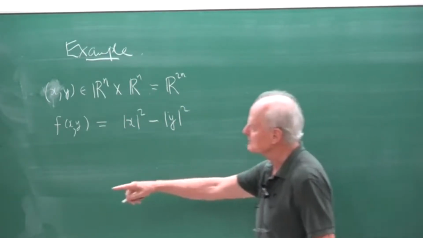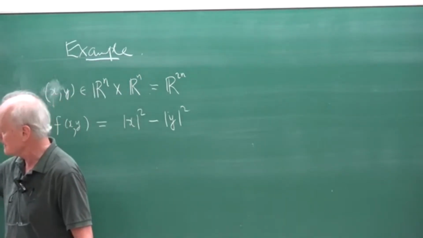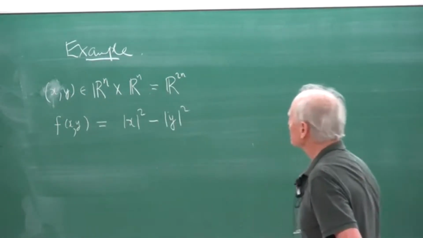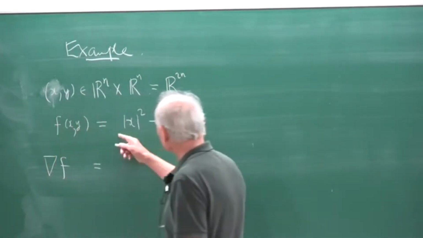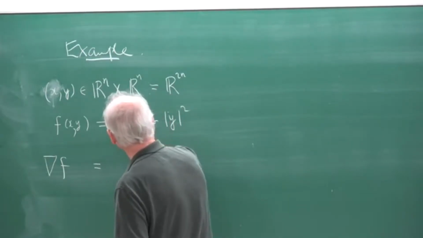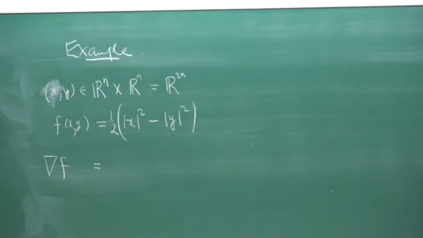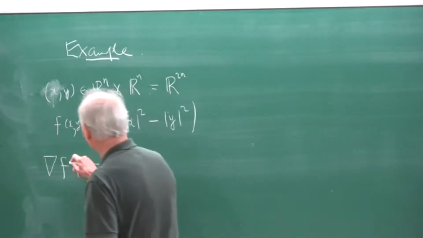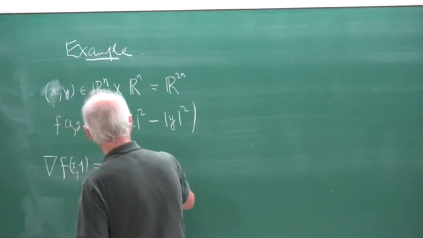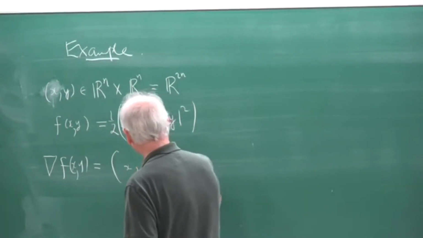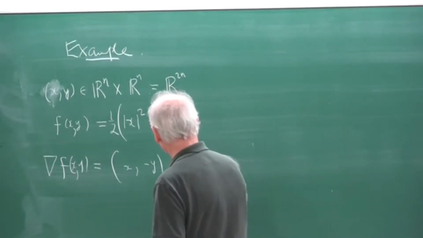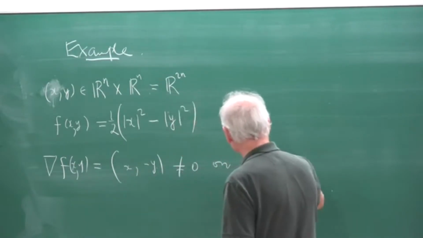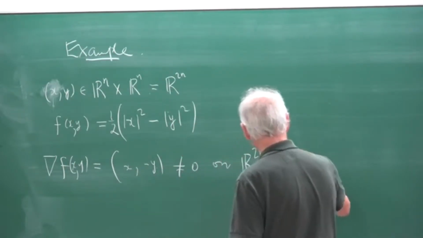So let's see if we can apply this fact. Let's take the gradient of f. To get the gradient, it's better if we normalize by taking a half. This avoids getting a lot of ugly 2's floating around. And then the gradient of f at (x,y) is just (x, -y). That's not equal to 0, except at 0. So this is not equal to 0 on R^(2n) minus 0.